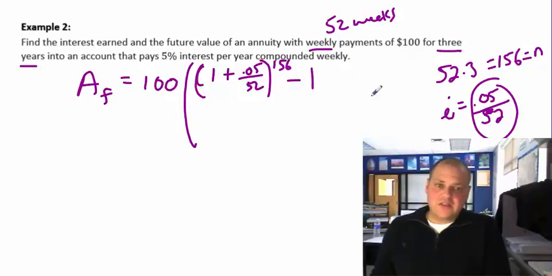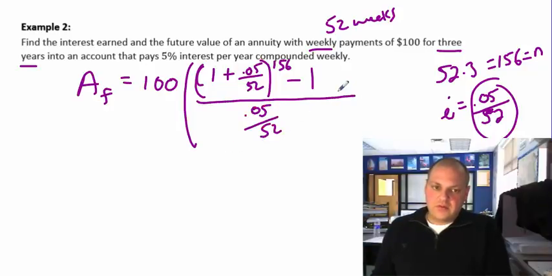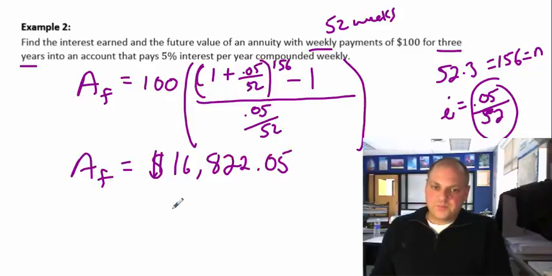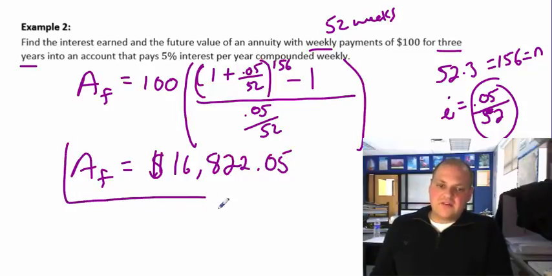That 156 is the N, just following the formula, divided by that 0.05 over 52. And divide that out. Okay? So AF is going to equal $16,822.05.